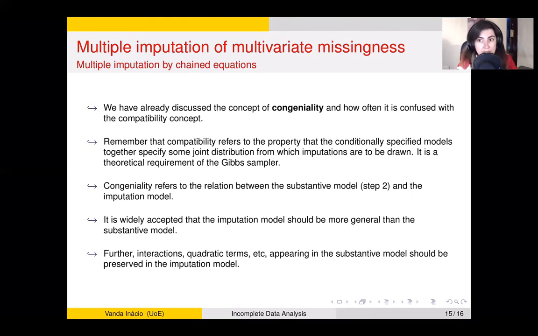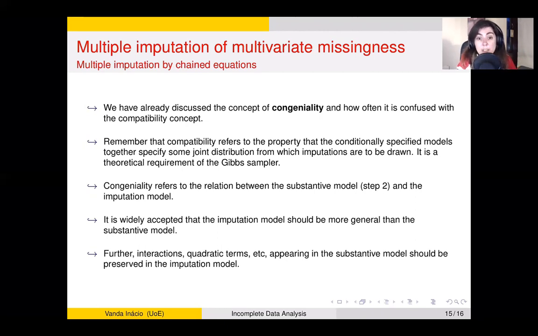And it is widely accepted that our imputation model should be more general than our substantive model of interest. So if we have, for instance, many variables in our data set, and if our analysis just uses 2 or 3 of such variables, we should make use of the other variables as auxiliary variables in our imputation models, not only because it helps the missing at random condition to be satisfied, but we can also gain some precision in our imputed values.